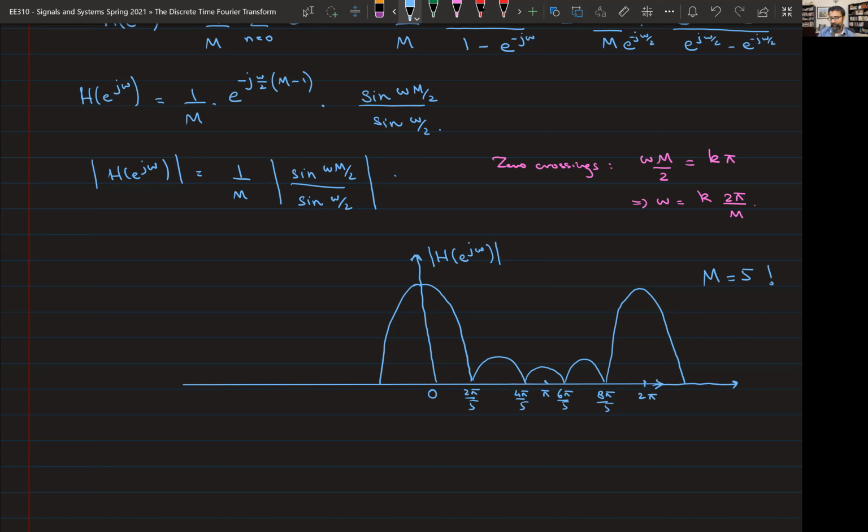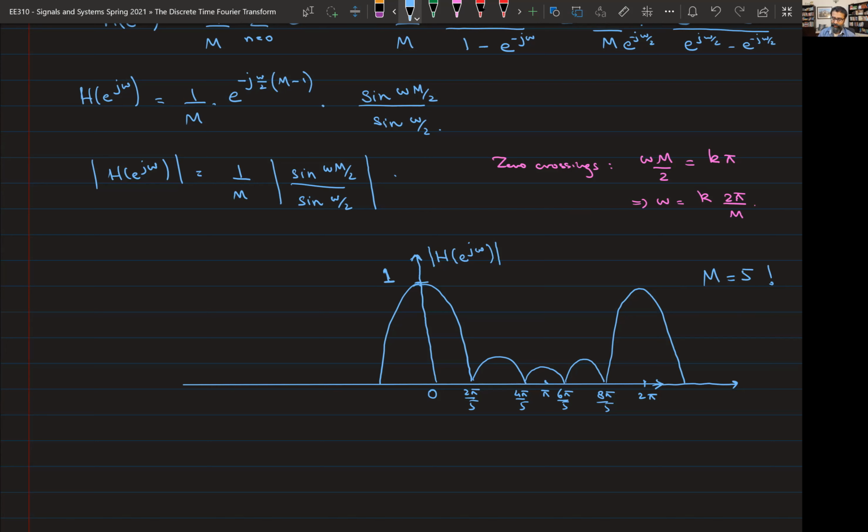Do you observe what kind of a filter this is? This moving average filter? Is this a low pass filter? Is this a high pass filter? What kind of a filter is it? Its main lobe, and the height here is actually 1. That's something you can show.